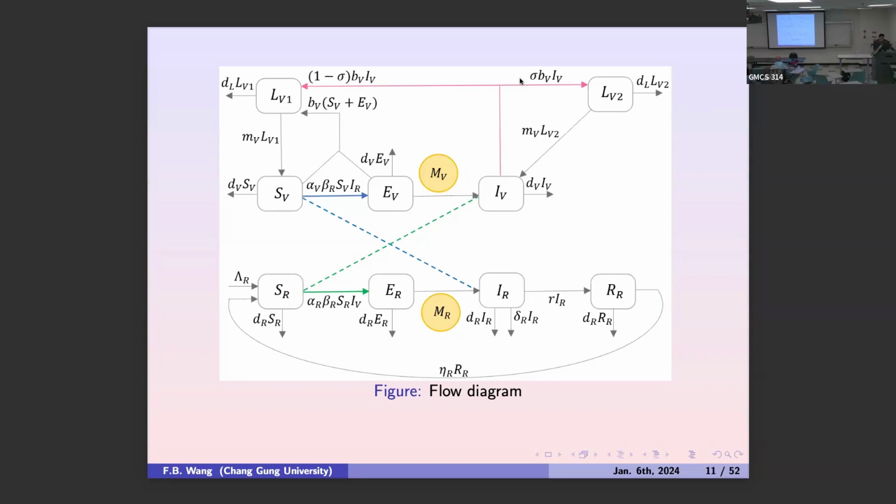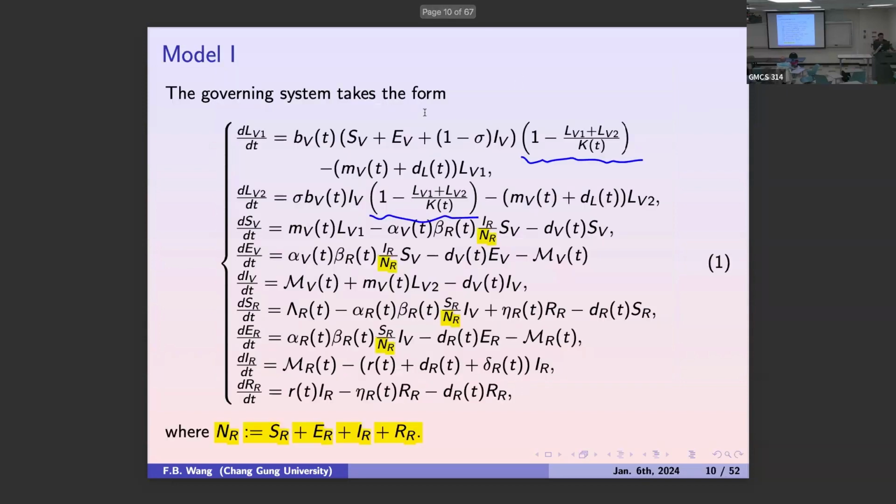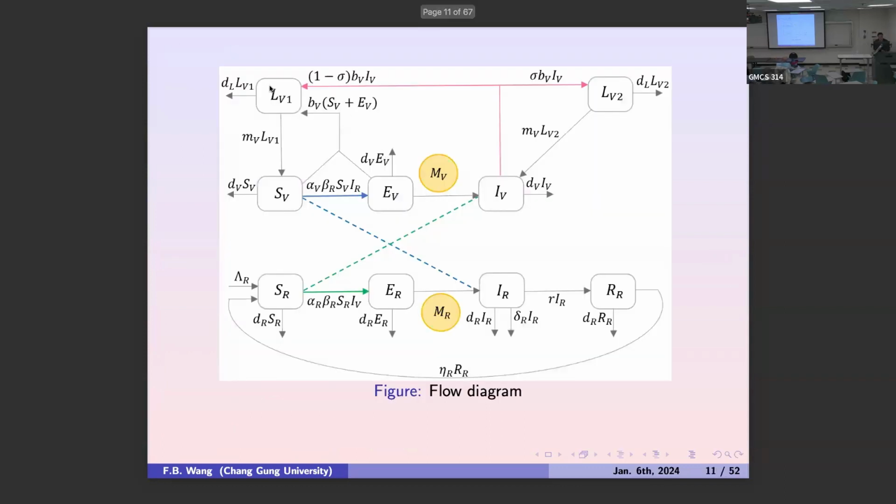You can see the equation is like this one. This is the birth rate, and of course it has a natural death rate. It can go to the adult class with this maturation rate.